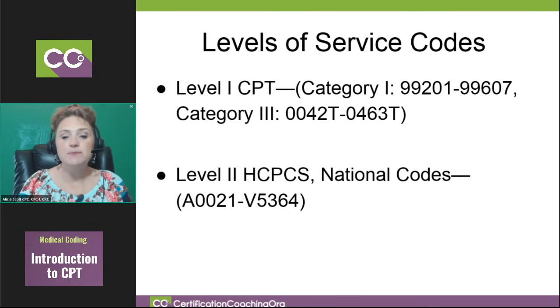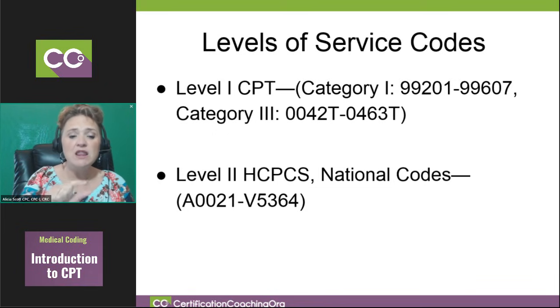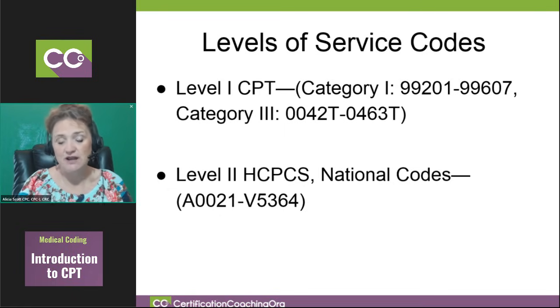Now, let me correct what I'm saying. You have a level 1 and level 2 of codes, all right? So level 1 is CPT codes, which would be Category 1 and Category 3. Level 2 is your HCPCS codes, and that's a different manual, all right?